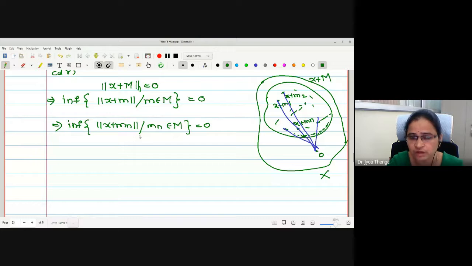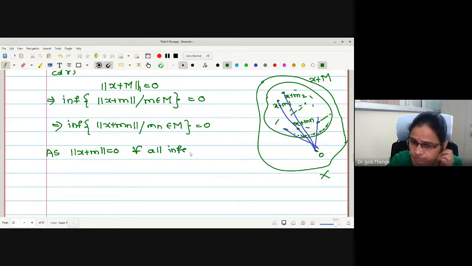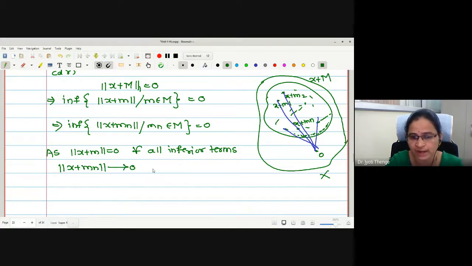Therefore, if the infimum of this set is equal to 0, can I write, this implies, norm of x plus m is equal to 0 for all infimum terms. For these terms, may I write norm of x plus mn is tending to 0, and I will write this as n tends to infinity.